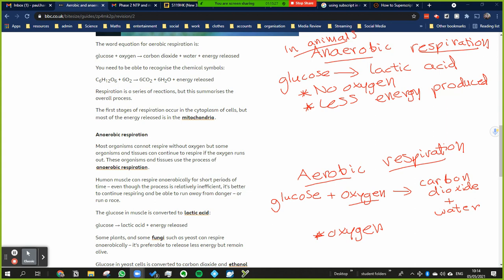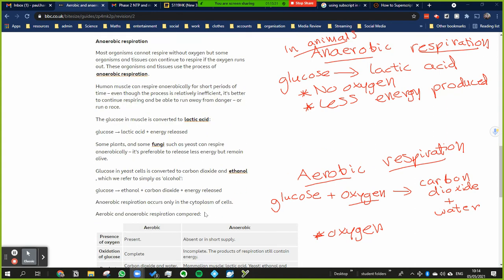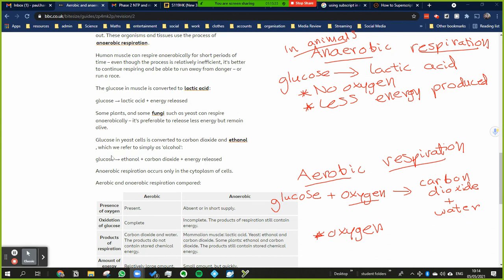So there is one other type of anaerobic respiration, and that is down here. Again, it's anaerobic because there is no oxygen used. So it's glucose, and this time it turns into something called ethanol. Now, ethanol is basically what we call alcohol.